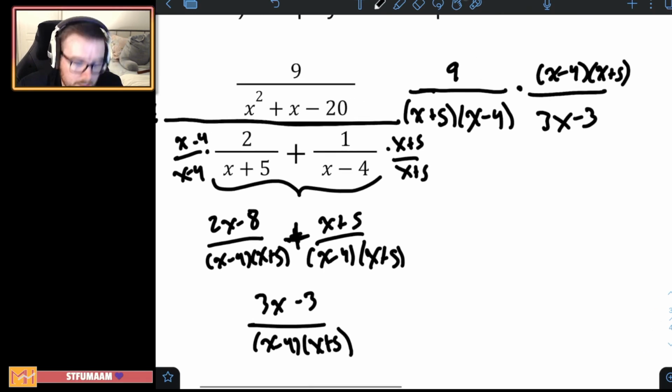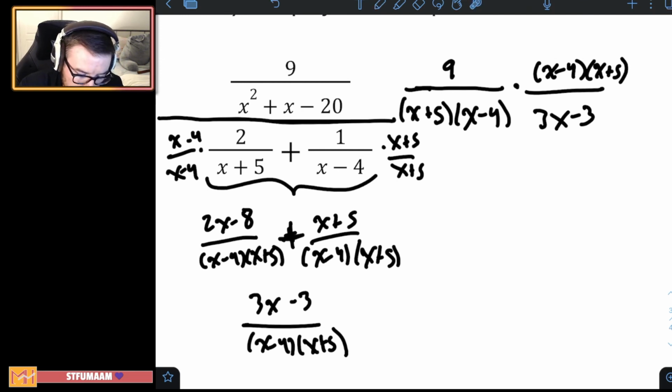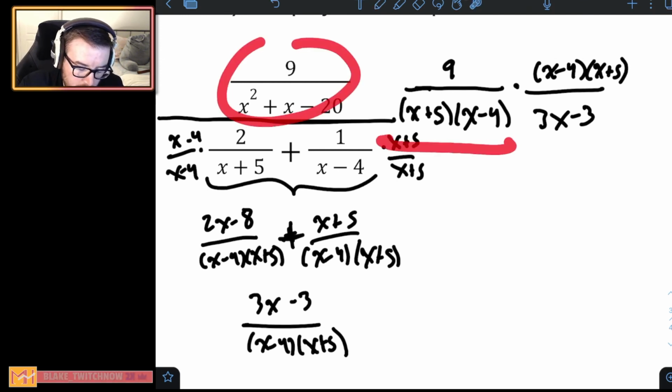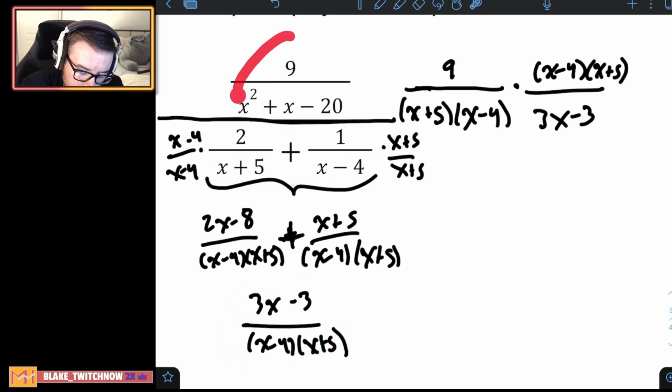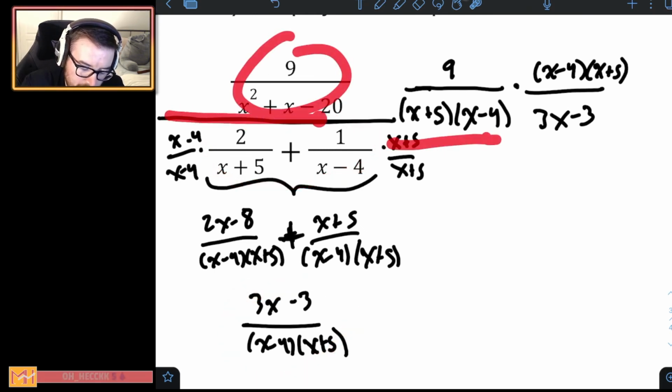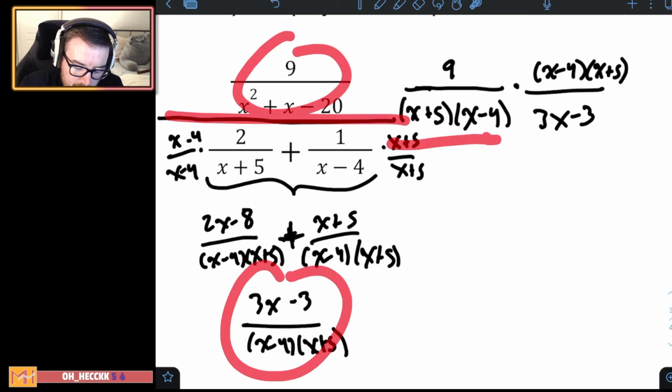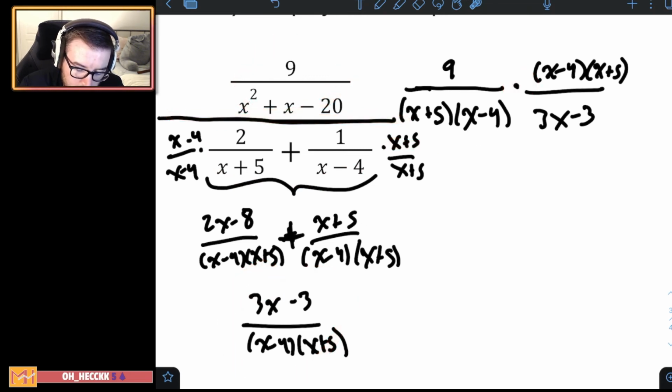And there's that, right? I hope I didn't lose you. This barely changed. This turned into this. So I'm taking this and dividing it by this, aka multiplying by the reciprocal. There is some canceling and some factoring to do.